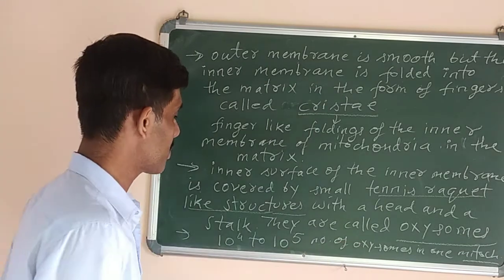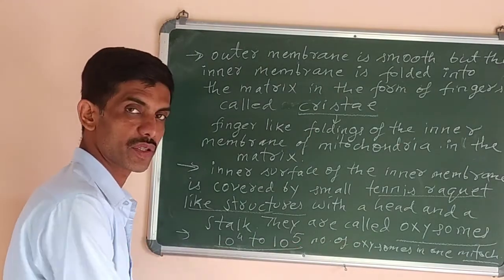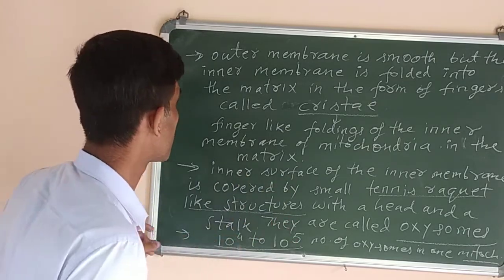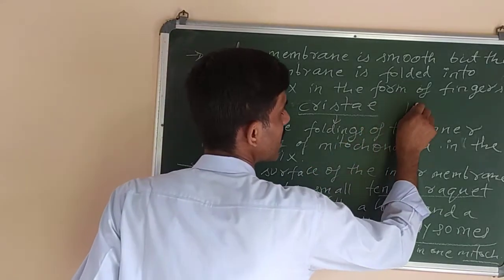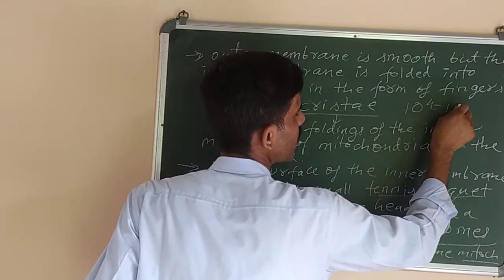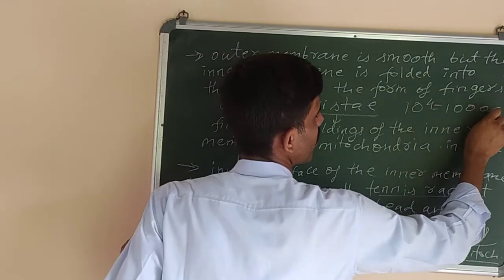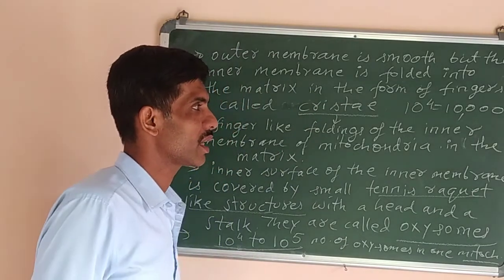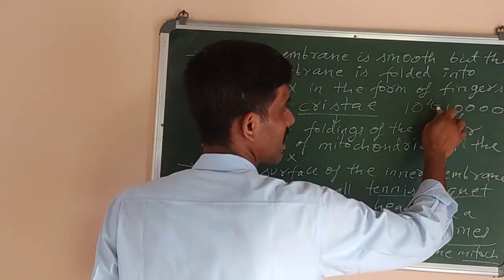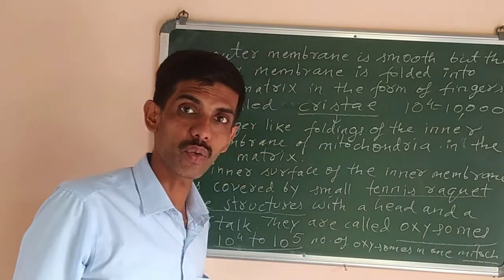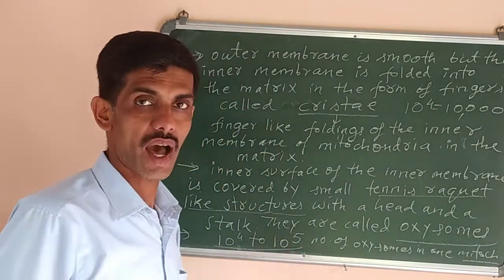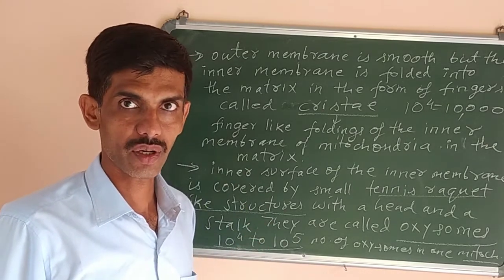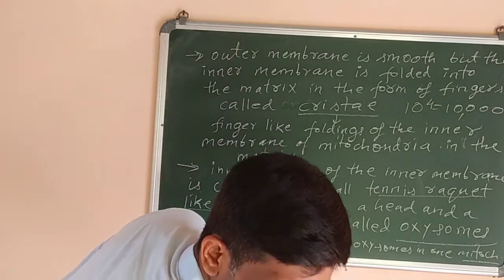So each mitochondria contains this many oxysomes. It's quite a big number. 10 to the power 4 means 10,000, and 10 to the power 5 means 1 lakh. So 10,000 to 1 lakh oxysomes are present in each mitochondria. Understood?